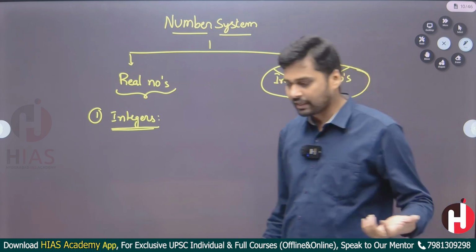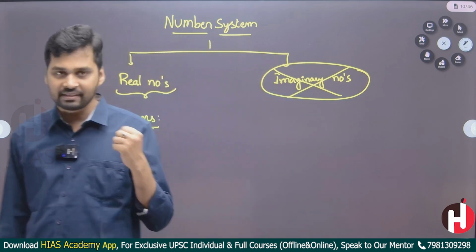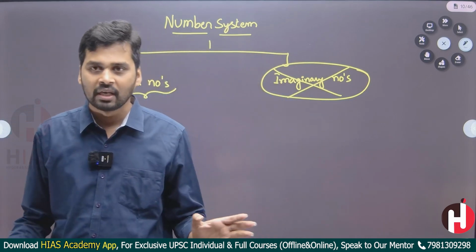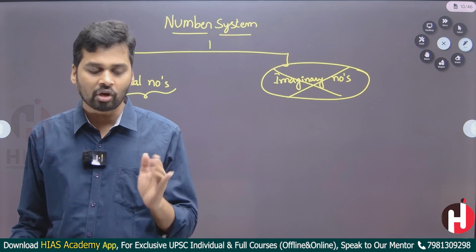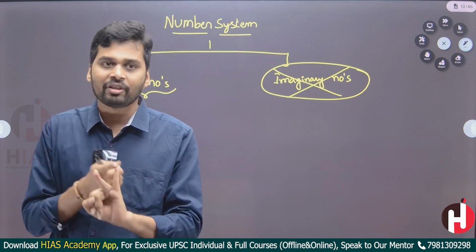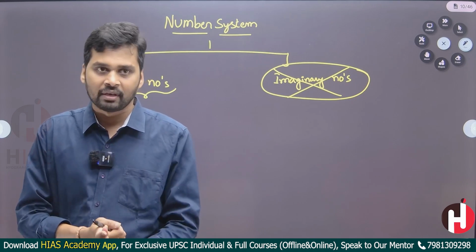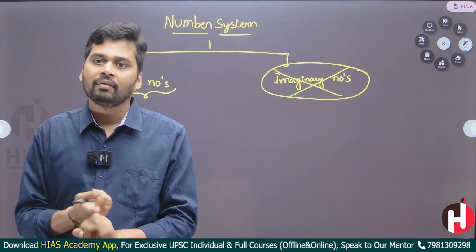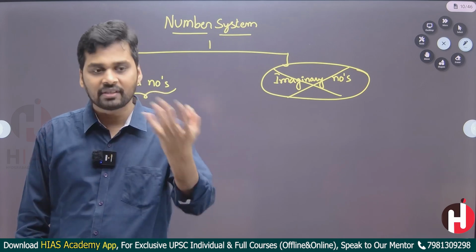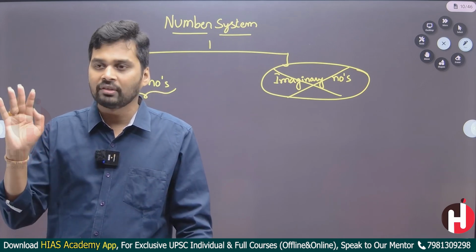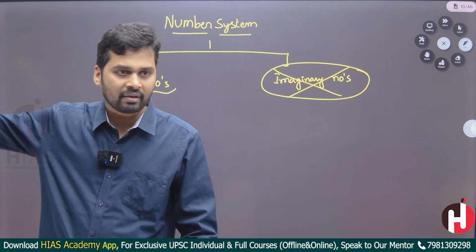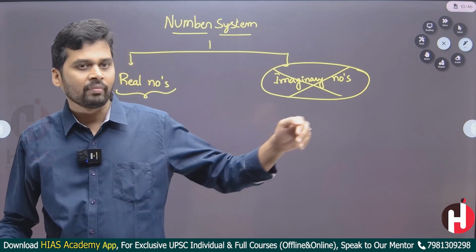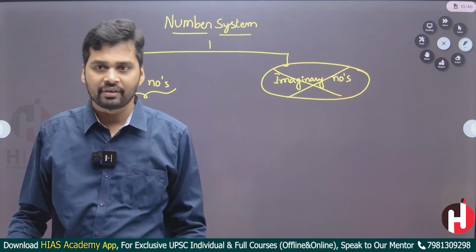Integers means pure numbers, numbers without any decimals or fractions, like 0, 1, 2, 3, 4, 5 up to infinity, and minus 1, minus 2, minus 3 up to minus infinity.